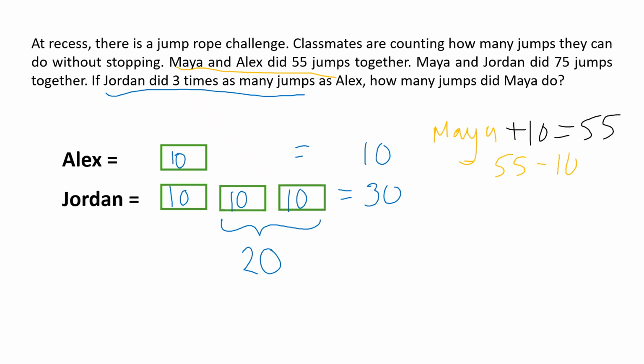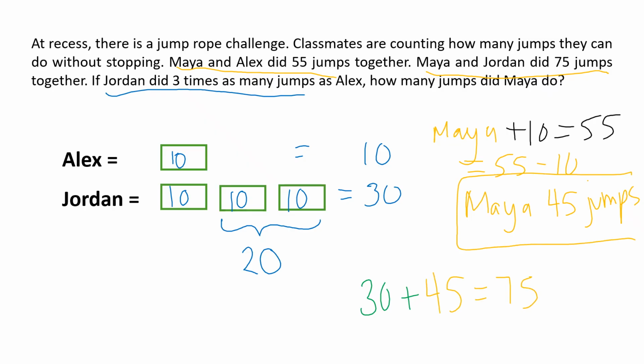So Maya did a total of 45 jumps. And we can confirm that with this other piece of information. Maya and Jordan did 75 jumps. So if Maya did 45 and Jordan did 30, you add them and you do indeed get 75 jumps. So this is the correct answer.